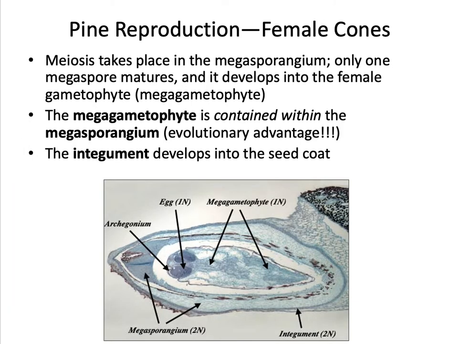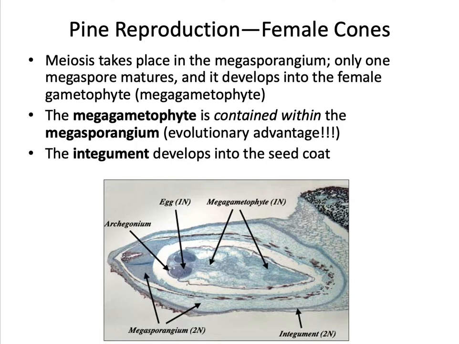Now we're going to get to know this evolutionary trend towards an enclosed embryo. So meiosis takes place inside the megasporangium. However, of the spores produced, only one megaspore survives and develops into the female gametophyte, which we call the megagametophyte. And this megagametophyte is contained inside of the megasporangium.